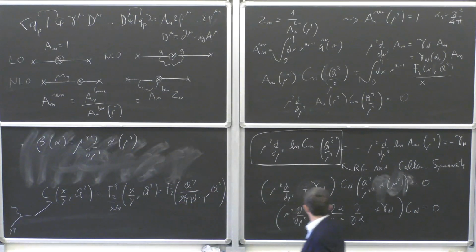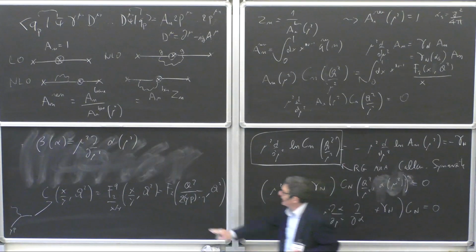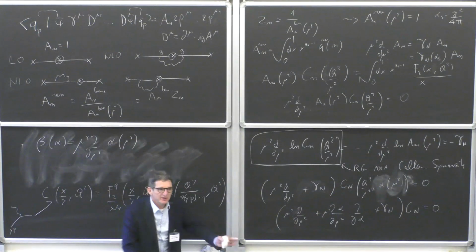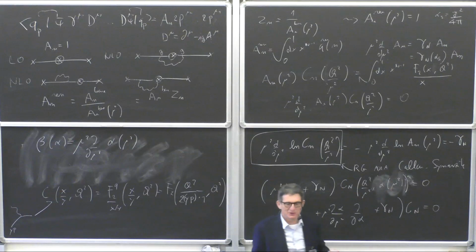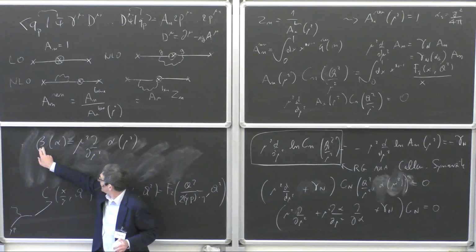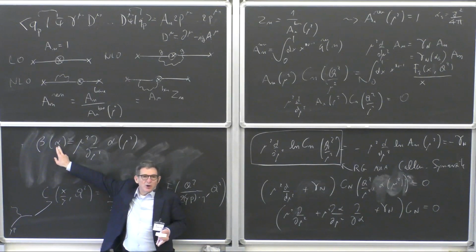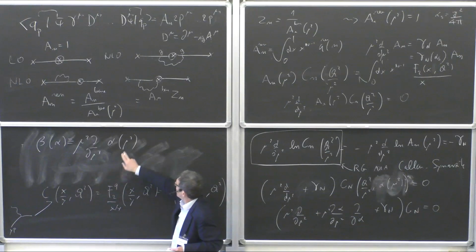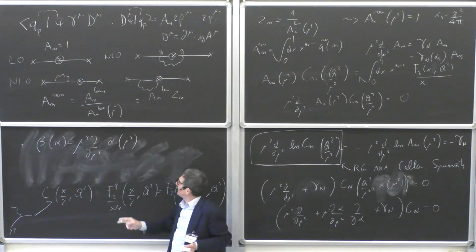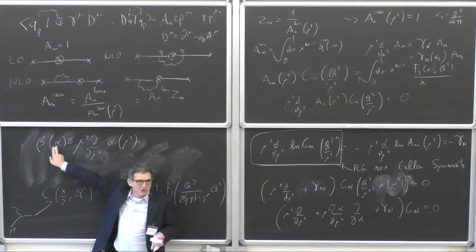So while the gamma n is a property of the operator, the beta function is a property of the particular theory. It does not depend on whether we are looking at one operator or the other, one physical process or the other. The second thing is that beta, again by dimensional analysis, can only depend on the strong coupling itself, because everything here is dimensionless, and there is no scale on the left except through the strong coupling itself.